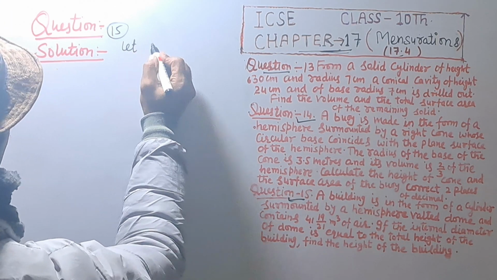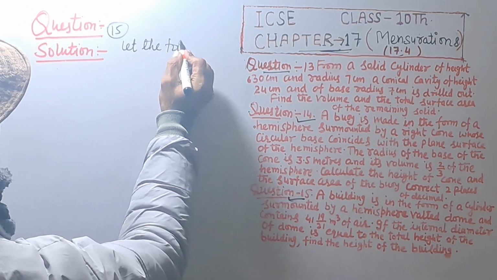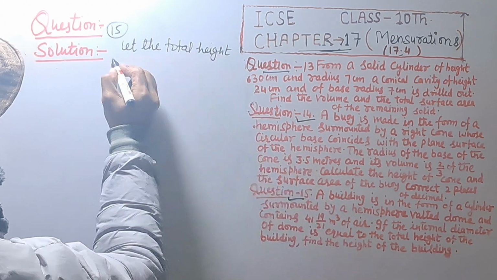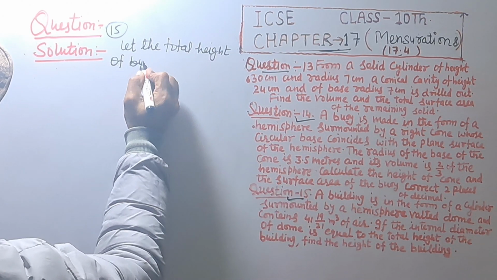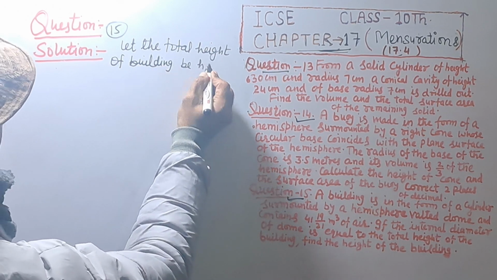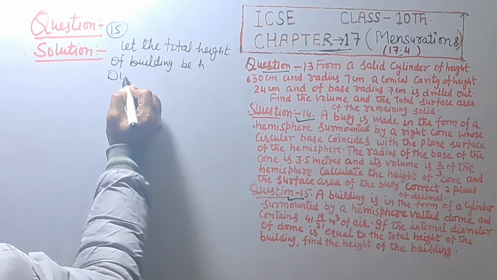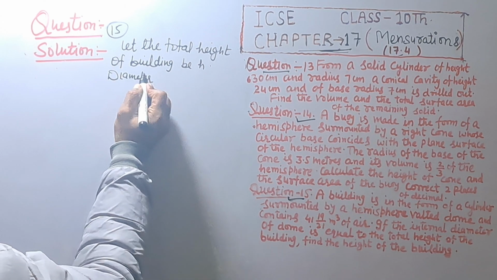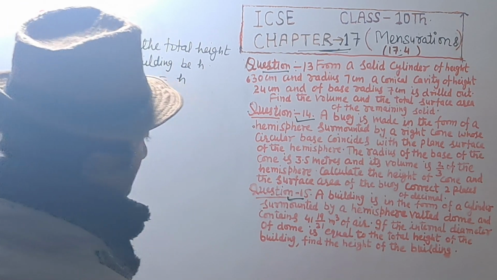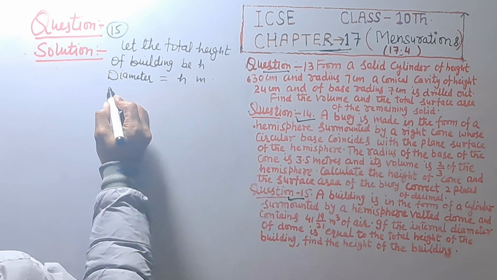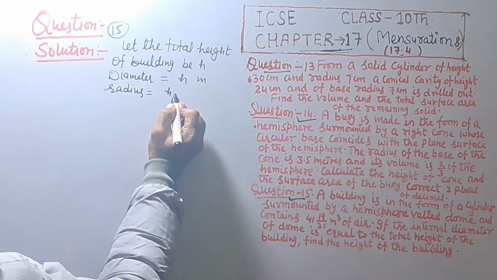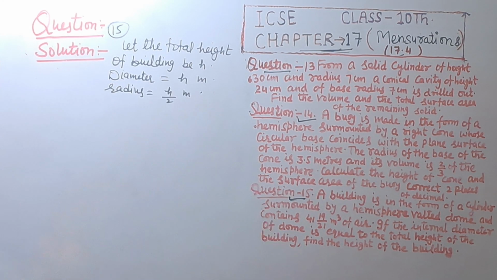Let the total height of the building be h. Its diameter is equal to h meter, and radius is equal to h upon 2 meter.